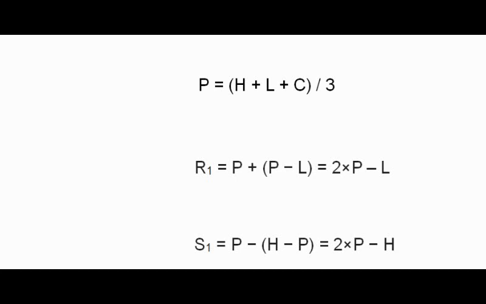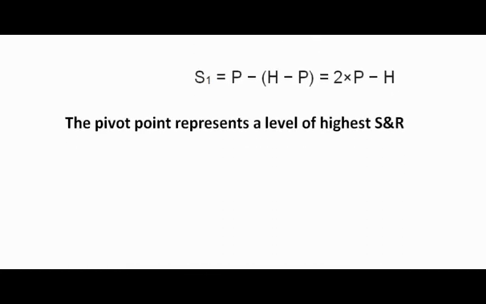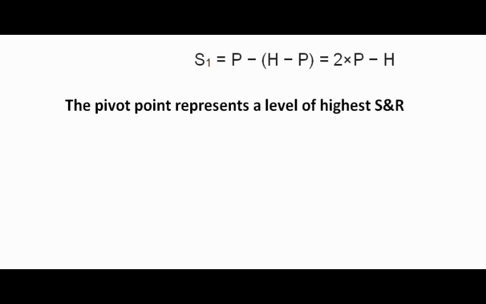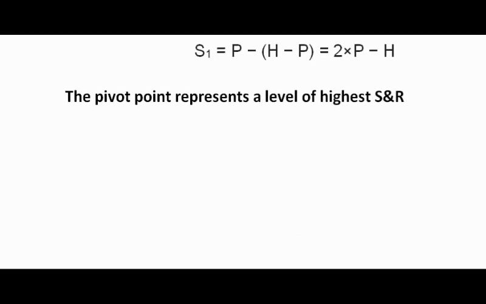So these are actually asymmetrical zones. These are zones that are formed by price action. These zones are formed by where price has been and what the investor sentiment is. All right. So this represents some highest levels of support and resistance zones.